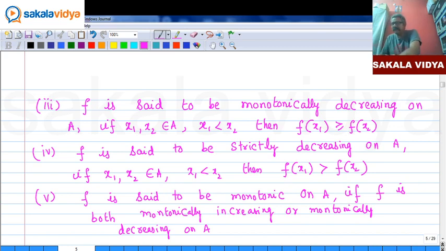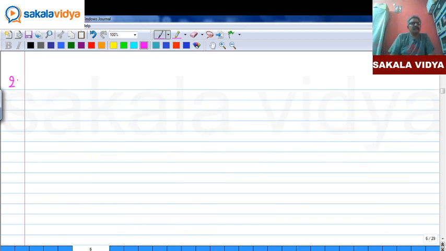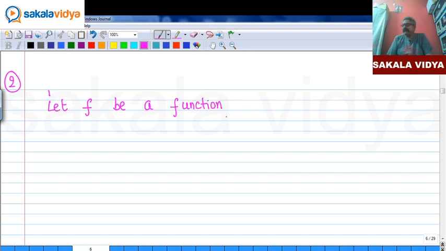Now let us discuss the second concept. Let f be a function on a neighborhood of a real number a, that means either a plus or a minus.